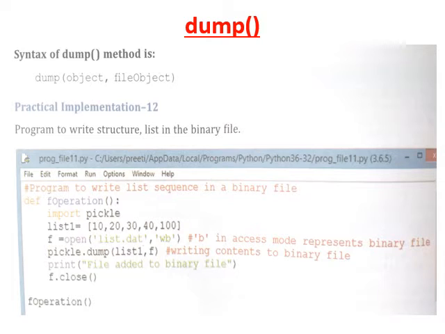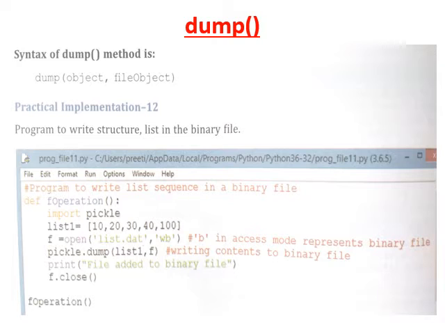Just below it I am flashing one message on the screen. In case I run this program without this print message, it will run perfectly without any problem, but I just want to flash one message on the screen so that we get to know that yes, work has been done successfully.